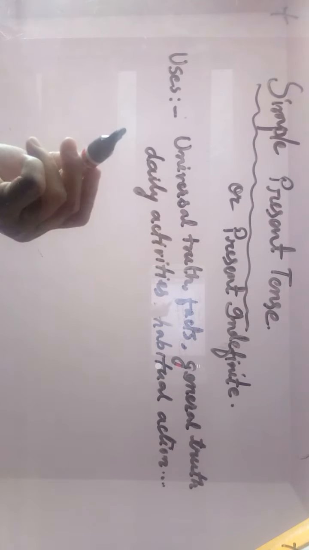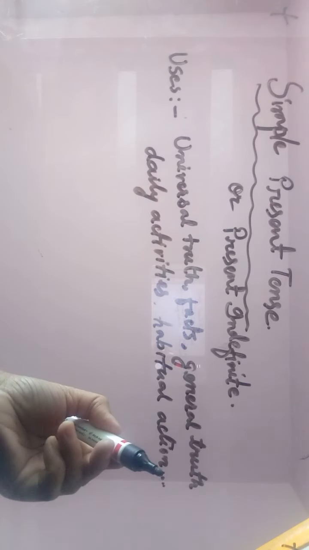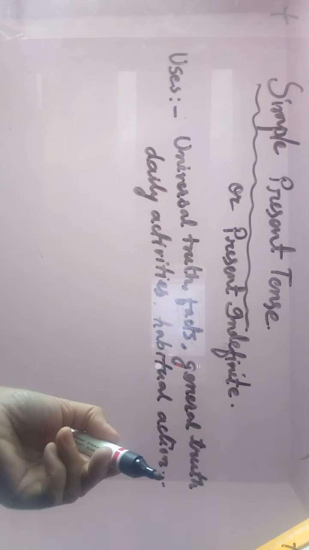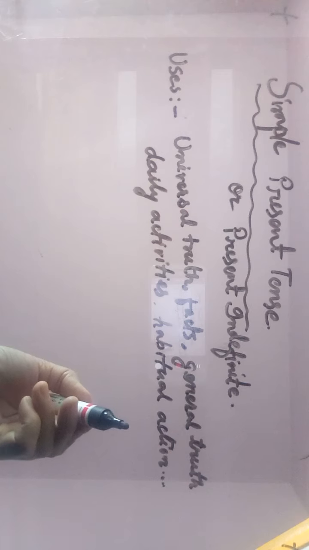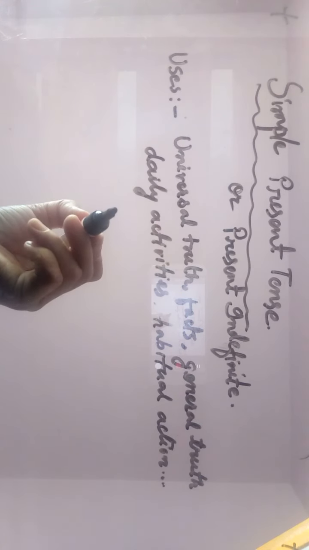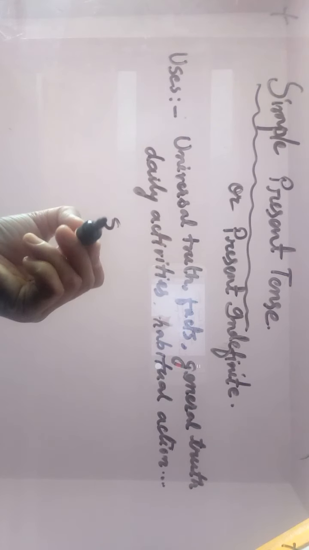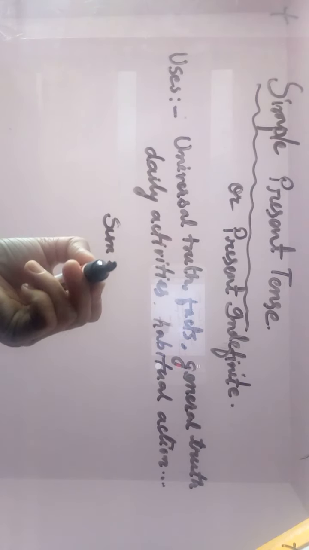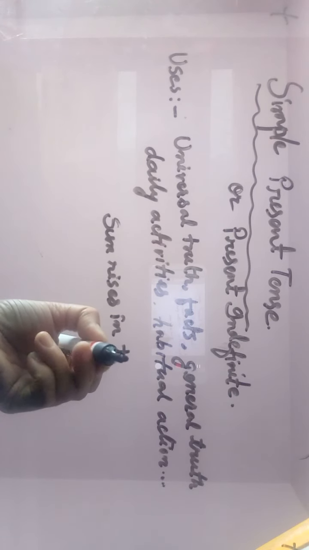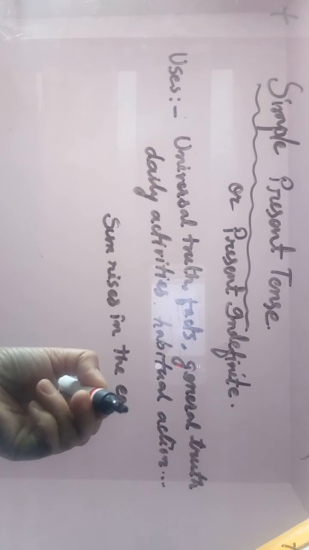Now let us see how a sentence is written in this tense. Before that, let us observe some sentences. For example, you see universal truth. Universal truth means like the sentences. Sun rises in the east.